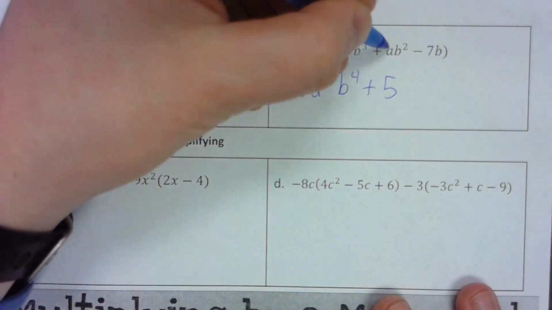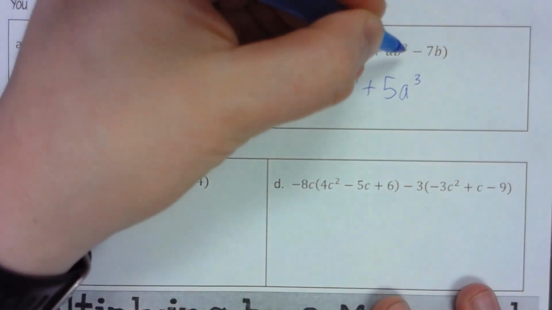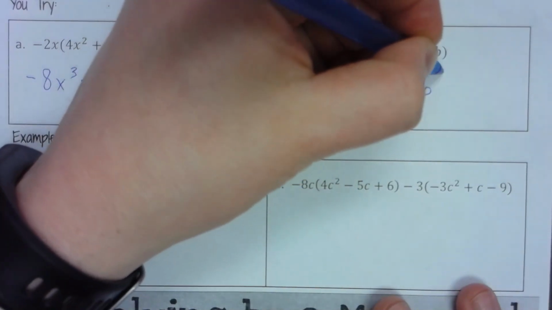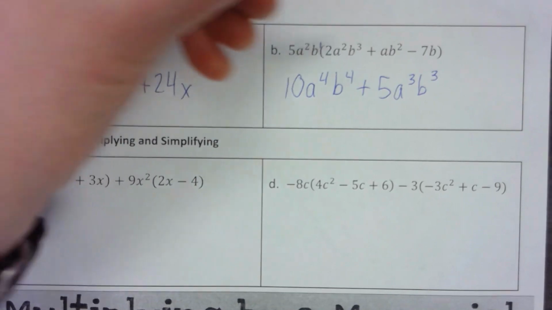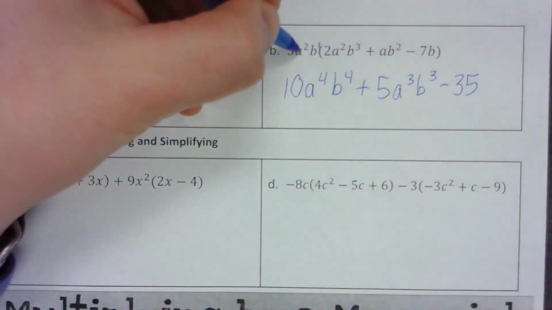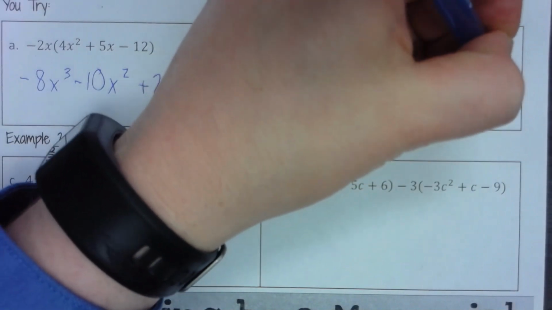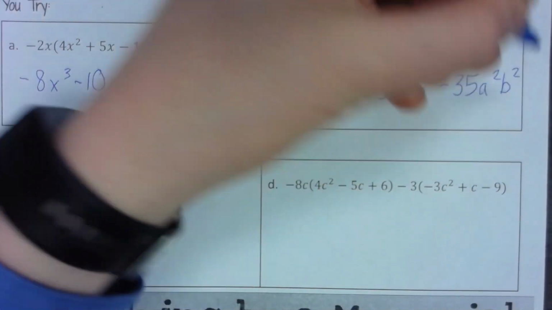A squared times a is a to the third. B times b squared is b to the third. Finally, 5 times negative 7 is negative 35. A squared. B times b is b squared.